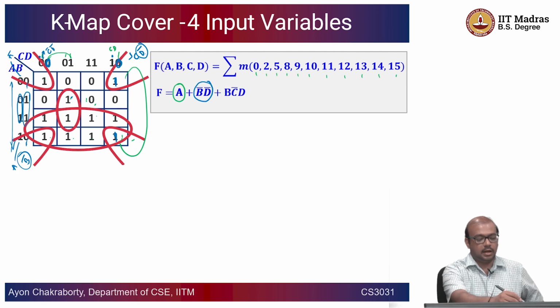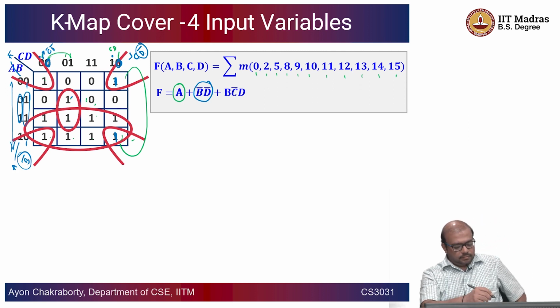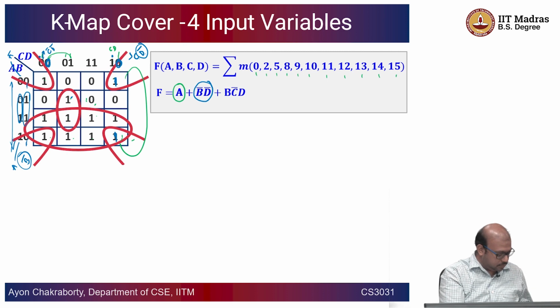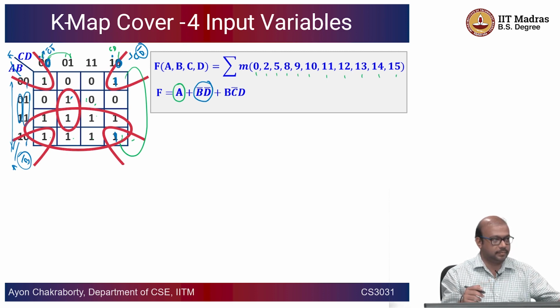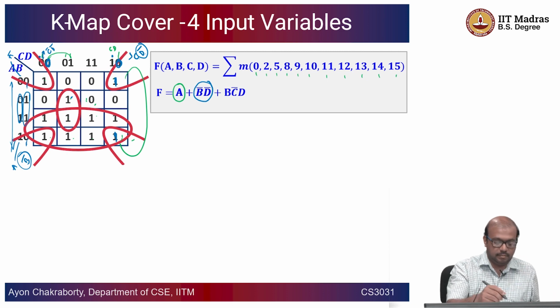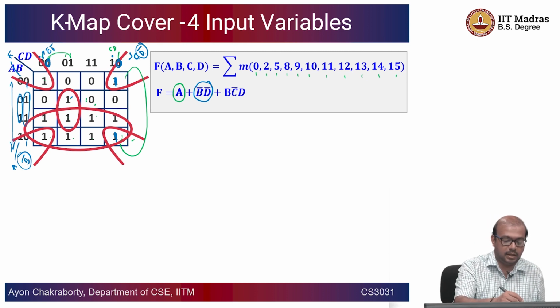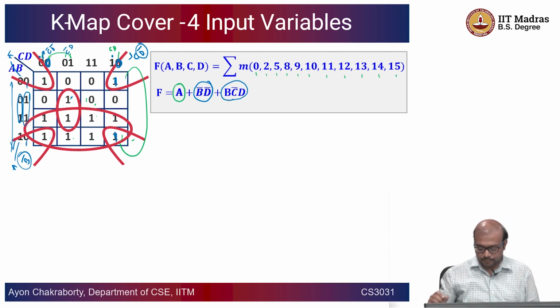And in the horizontal line, this is your CD. So this is C bar D, because C is equal to 0 here and D is equal to 1, and you can see it here. So B C bar D.